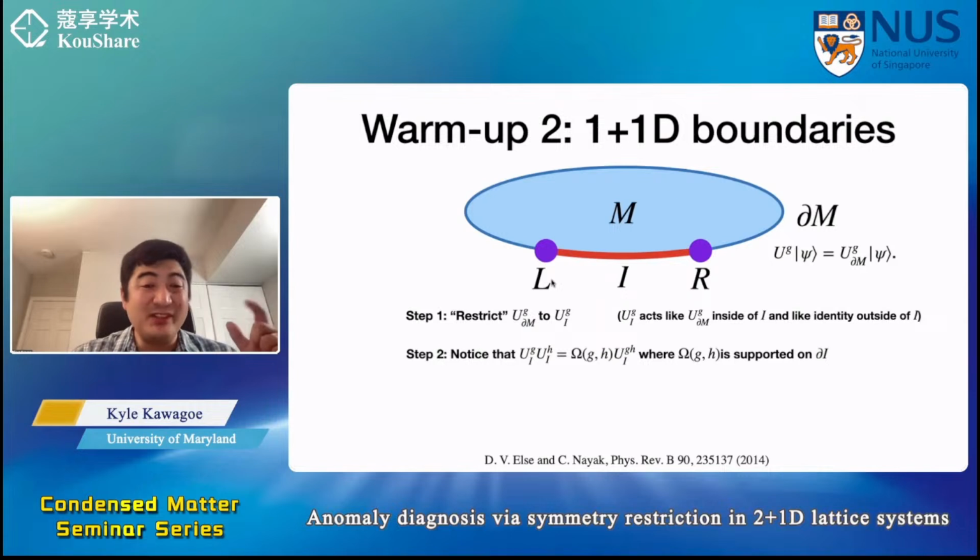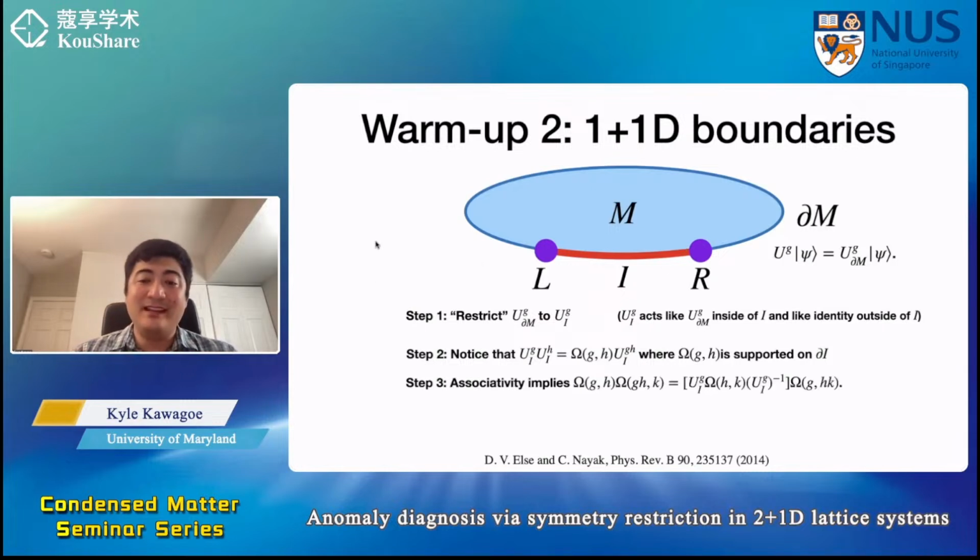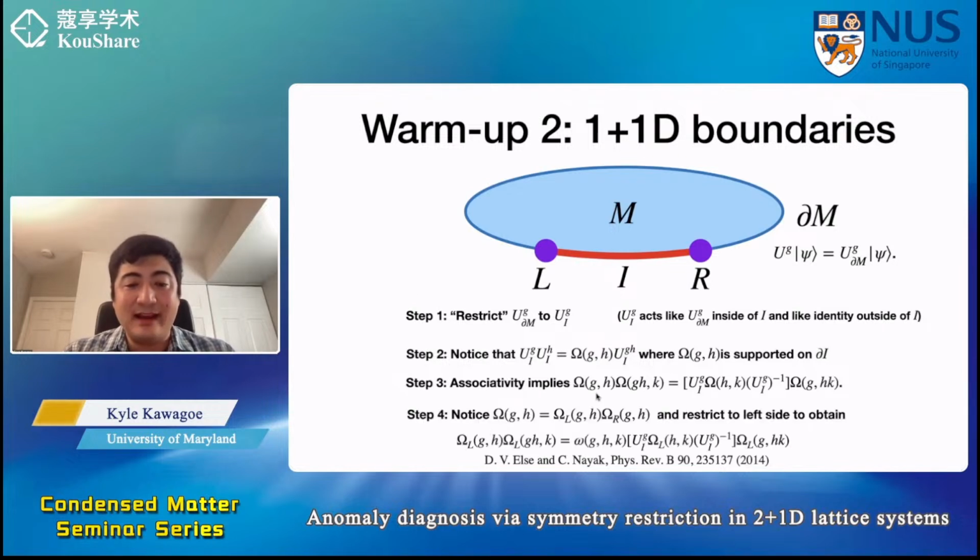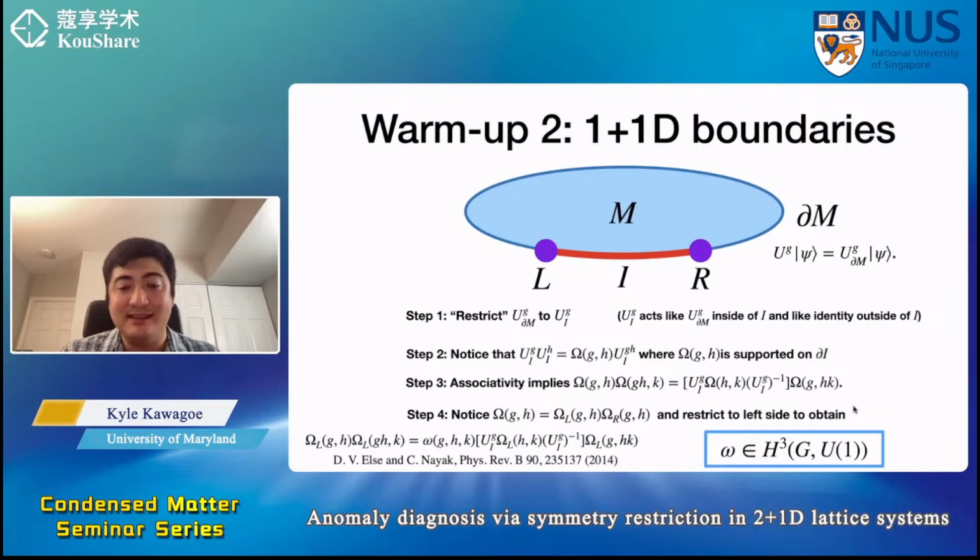Because we started with a representation and we restricted to an interval, we get that the UGIs look like a representation up to some operators on the left and right side of this interval. Then you can use associativity to show that you get some relationship between these omegas, and looking at how this relationship manifests on the left and right hand side of this interval, you find that it only satisfies it up to some complex phase, which characterizes the anomaly. So it's this cocycle.